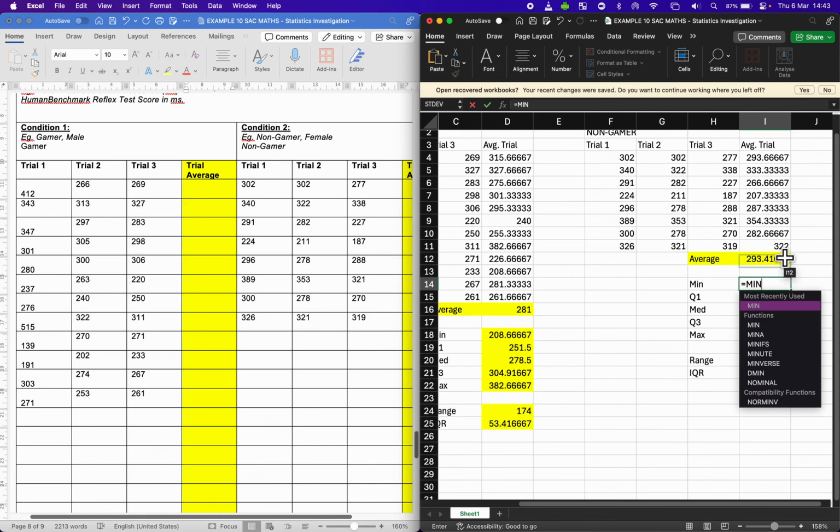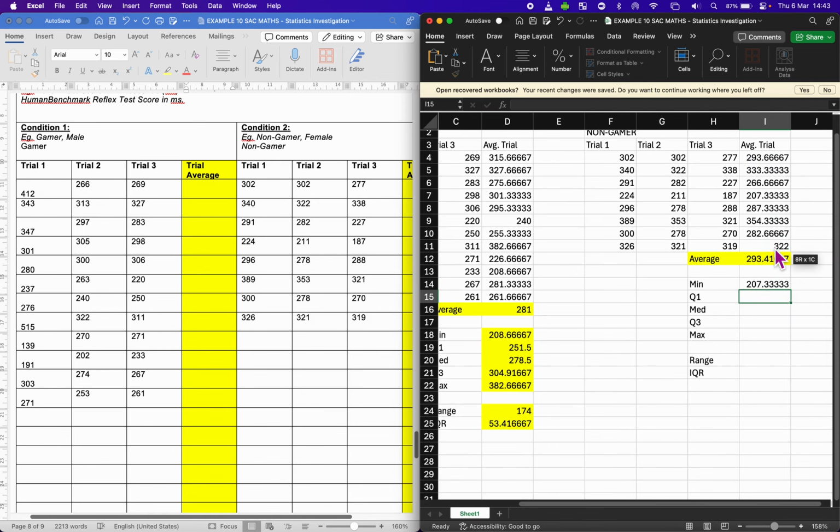Equals MIN. Select the data you want to find the minimum of. Equals QUARTILE. Select the data. Comma, I want the first quartile. Equals MEDIAN. Select the data. Equals QUARTILE. Select the data. What quartile do I want?